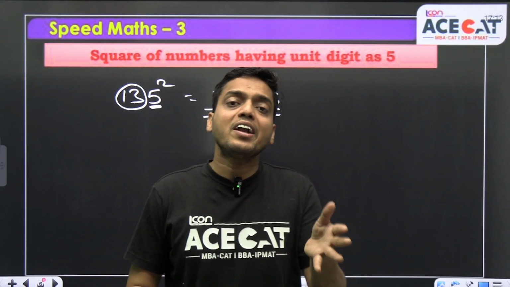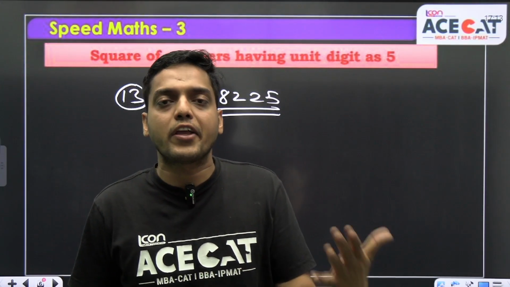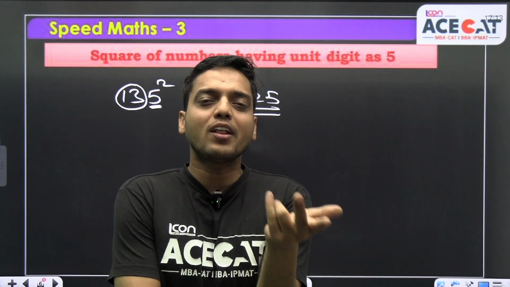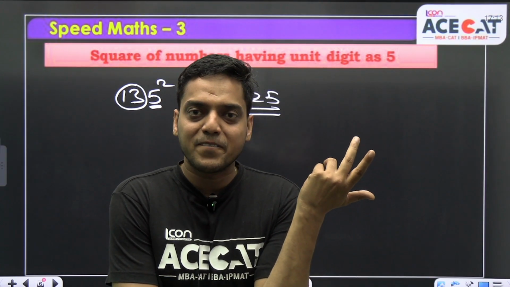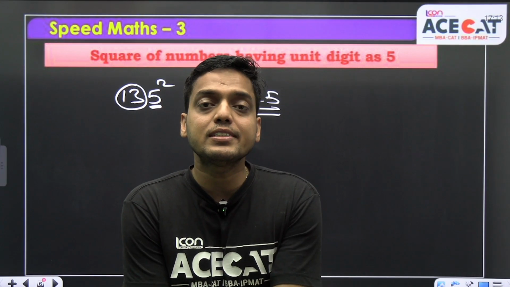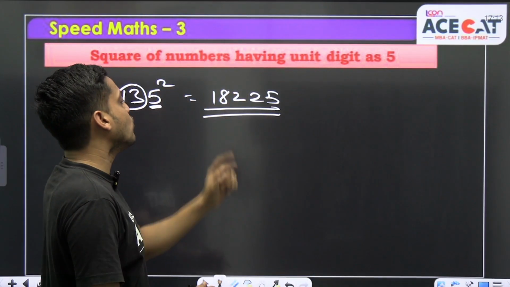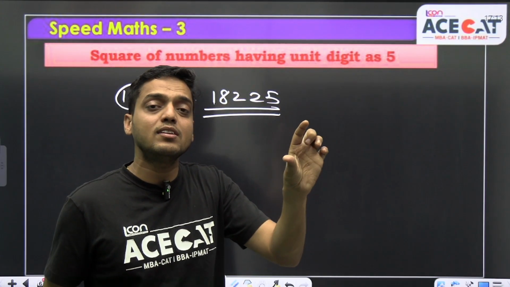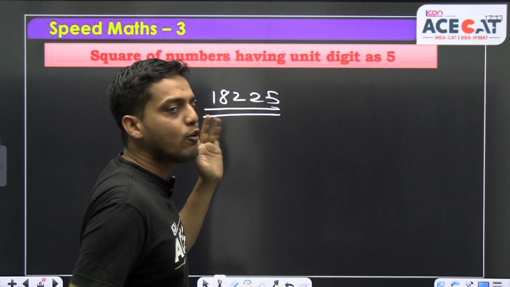If I add 13 in 13 into 13, definitely I will get 13 into 14. And 169 plus 13 is a cakewalk for us. 169 plus 13 is 182. So that's why I have done 13 into 14 in my mind. That is 182. In the end, we will have 25 for sure.